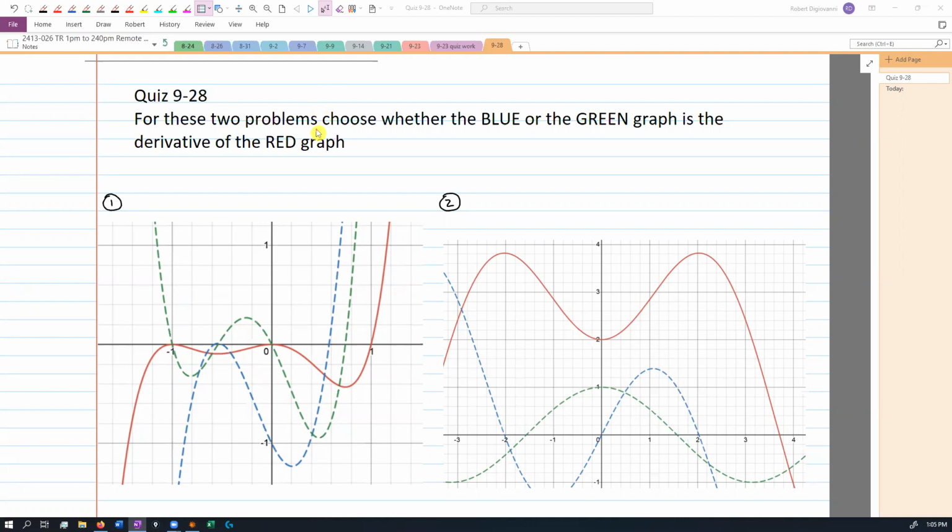Okay, so let's look at the results. You should be able to see the results. So number one, 86% of you said green, and number two, 86% of you said blue. Let's see what's correct.